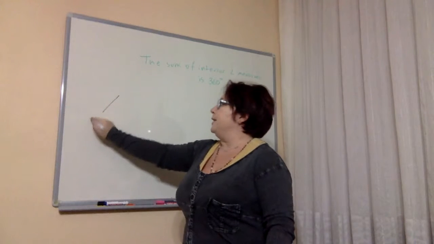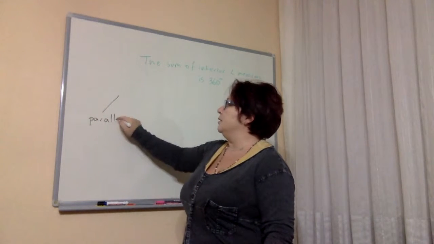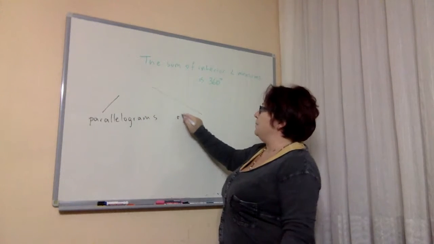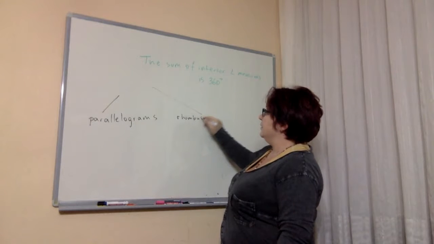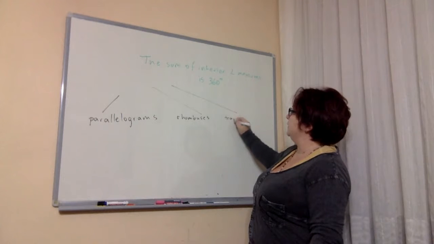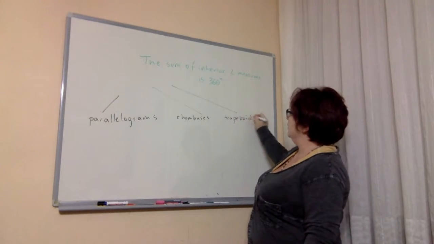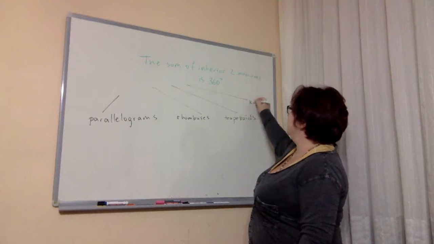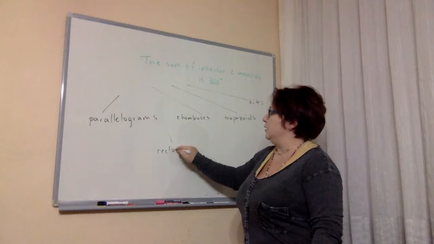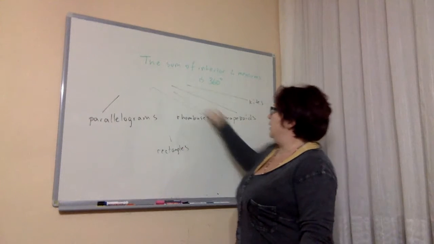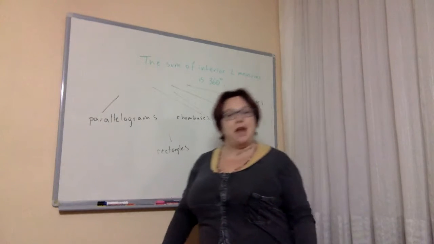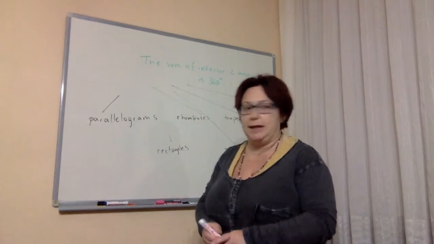These would be parallelograms, rhombuses, trapezoids, kites, or rectangles, and squares. So these are all special types of quadrilaterals.